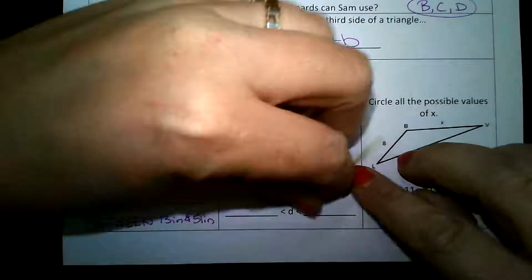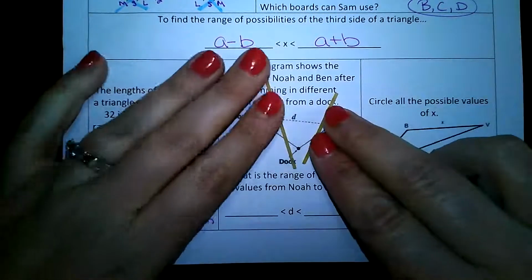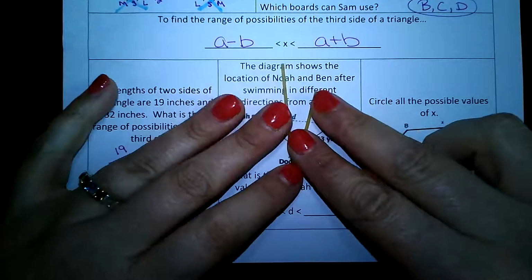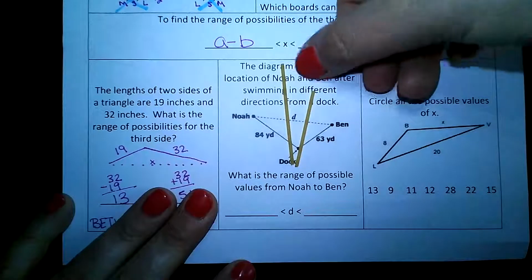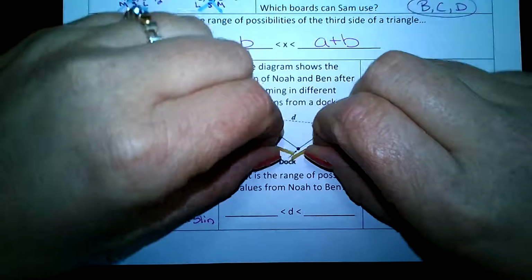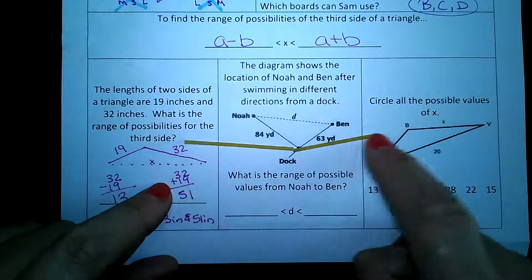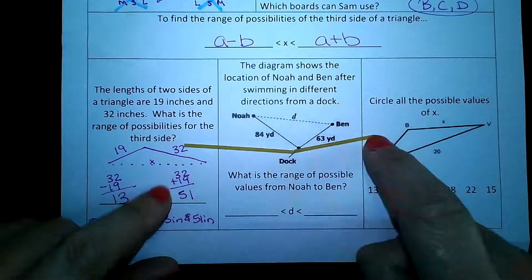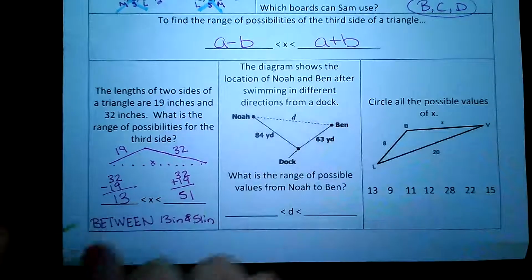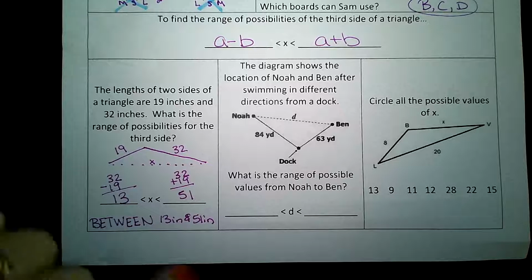If Noah and Ben swam at a really skinny angle close to each other like so, that's a short distance there. However, if they swim really wide apart from each other, if the angle between them is really wide, that's a really, really long distance. So this picture is absolutely not to scale. There's no way it could be. We're trying to find what's the range of possible values here.